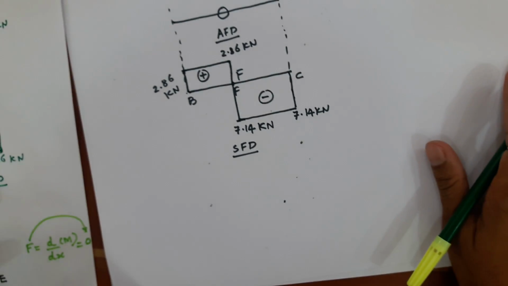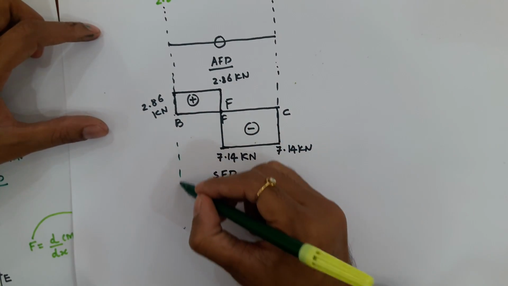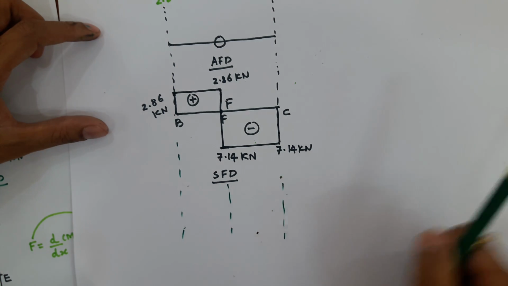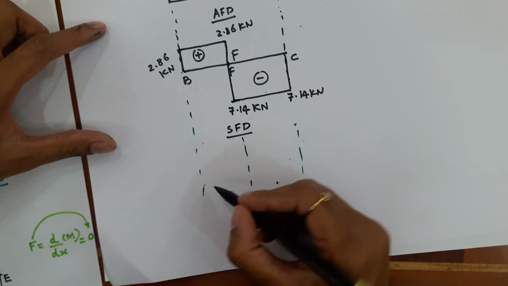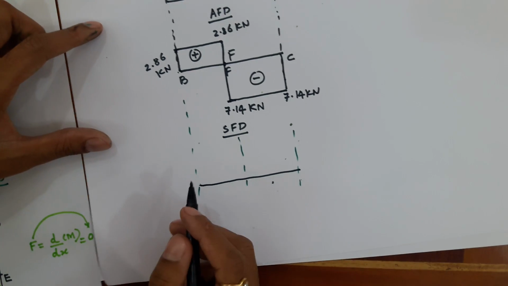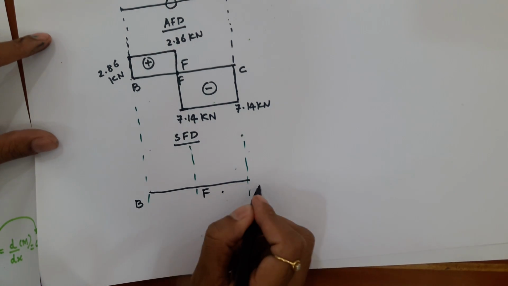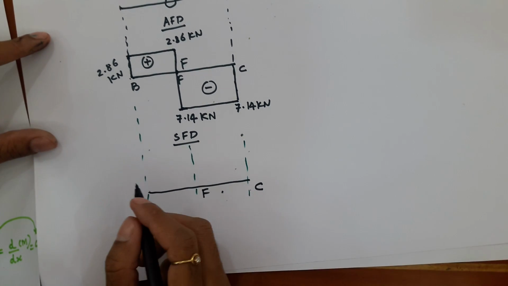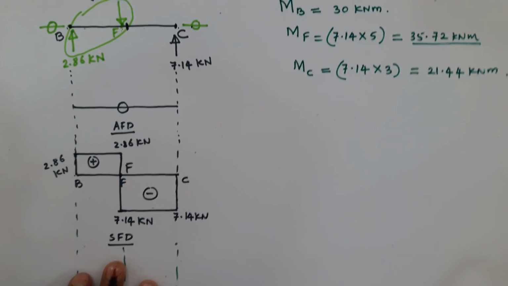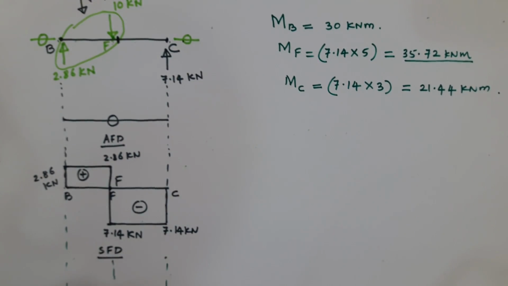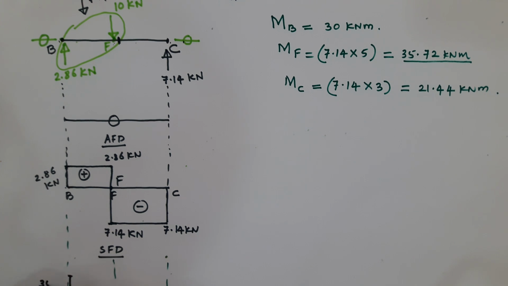So very easily now I can draw the bending moment diagram. This is B, this is F, this is C. Now bending moment at B is already positive 30 kilonewton meter. So it is 30. Bending moment at F is 35.72 kilonewton meter.